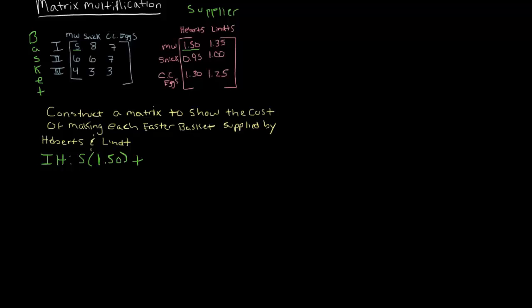And then I'd add that to my 8 Snickers, which each cost 95 cents. And then I'd add that to the 7 Cadbury Cream Eggs, which cost $1.30 each. Okay, now if you add those up and put them in the calculator, which I've done ahead of time, you get $24.20.